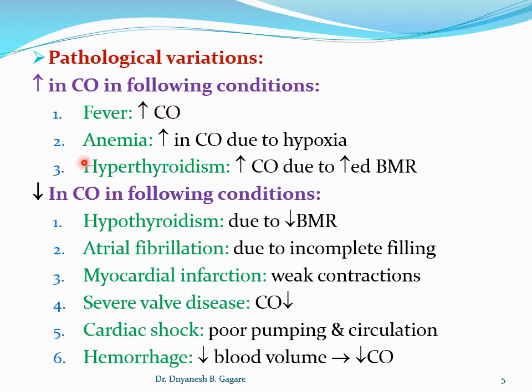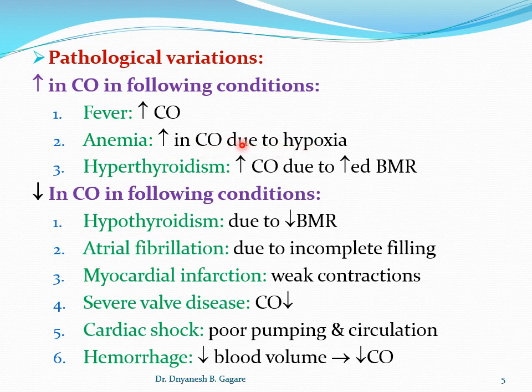Okay. Then in anemia, you know what is anemia? The decrease in RBC count and Hb content. That means the oxygen carrying capacity of blood decreases in anemia, and to fulfill the requirement of the body for metabolism, there is an increase in heart rate and force of contraction, which leads to an increase in cardiac output.